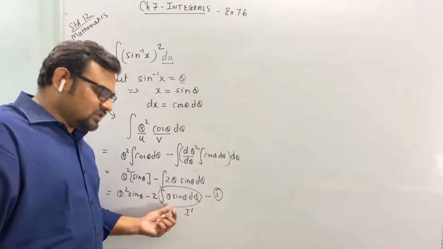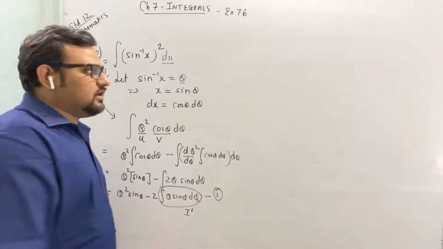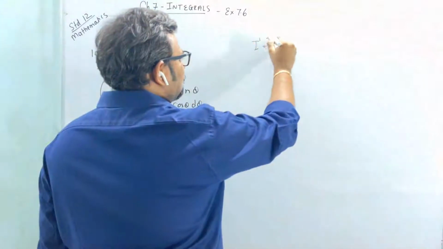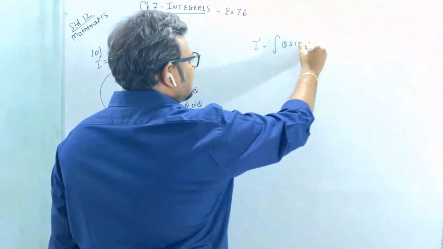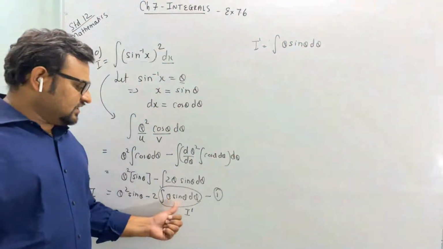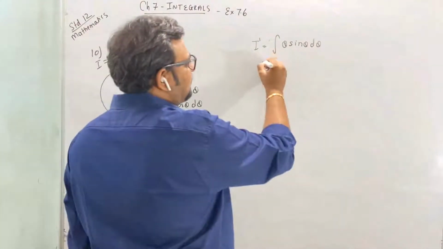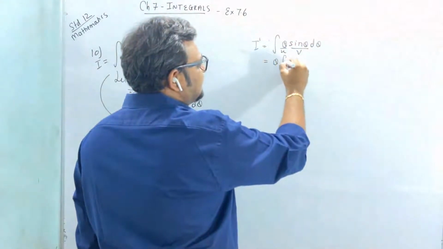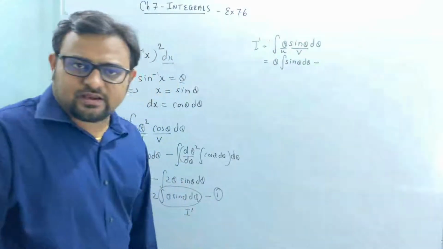Now we will solve this further and finally join it with this answer. So I dash is equal to integration of theta sine theta d theta. Again uv: theta as it is, integration of sine theta d theta, clear?